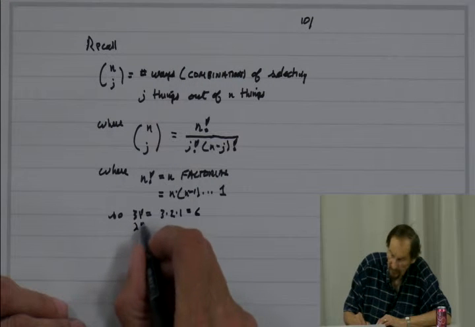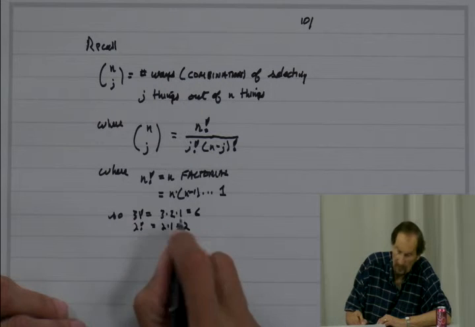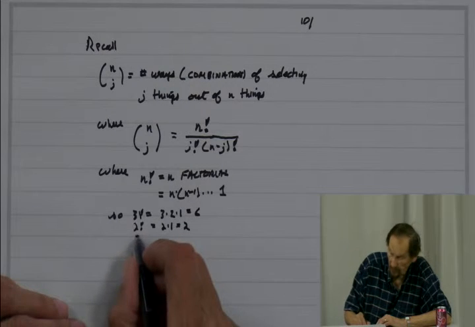And 2 factorial equals 2 times 1 equals 2. 1 factorial equals 1.